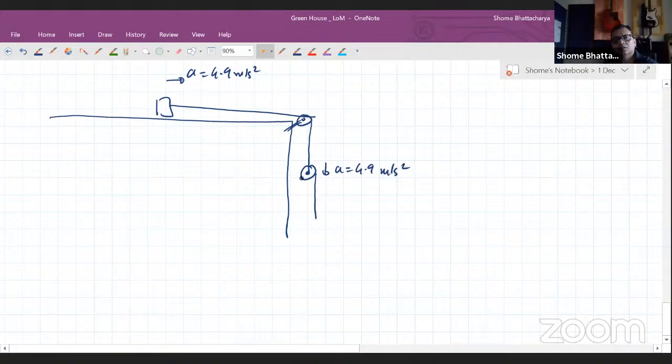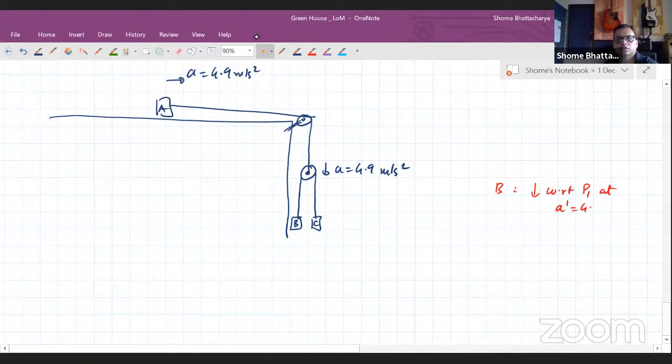Now see what is happening. The block B is coming down with respect to the pulley at A prime equal to 1 meter per second square. So we can understand like this: the acceleration of the block B with respect to the pulley P1 is equal to minus 1 j cap meters per second square, if you take the y axis to be upwards.